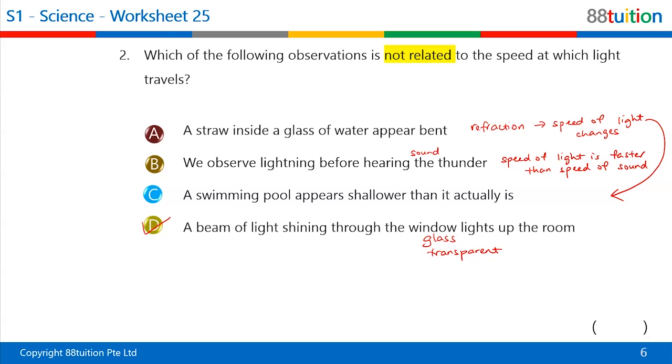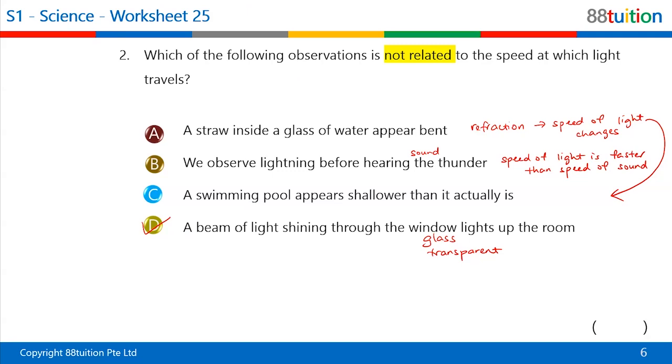I thought there's some refraction occurring if the light enters through the window, so I thought that is still related to the speed of light. I chose B because with the thunder, we didn't learn about the speed of sound in school yet.